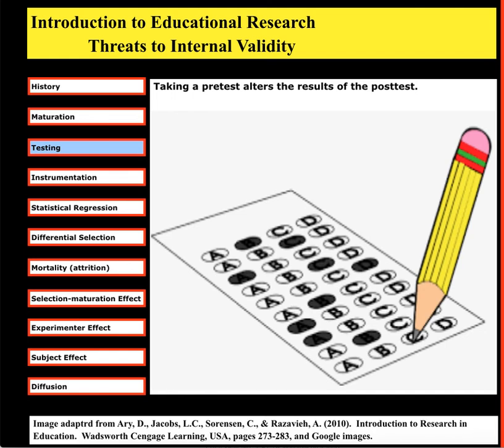Some reasons for these testing effects include: subjects may have learned some subject matter from taking the pretest, they may have become familiar with the testing environment, they may have developed a strategy for performing better, or they may have become less anxious about the test the second time around.